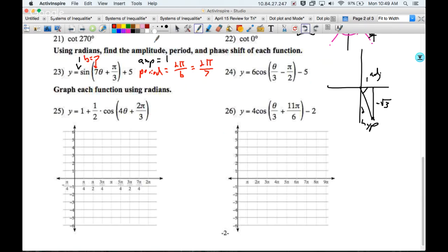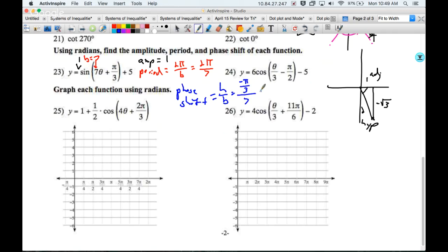Phase shift. So phase shift is equal to h over b. So my h value is negative pi over 3. We always flip the sign on that.